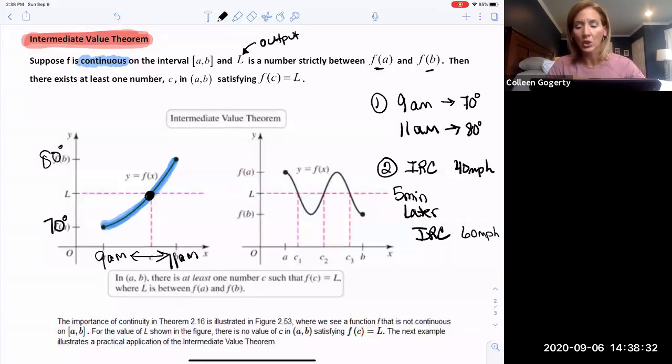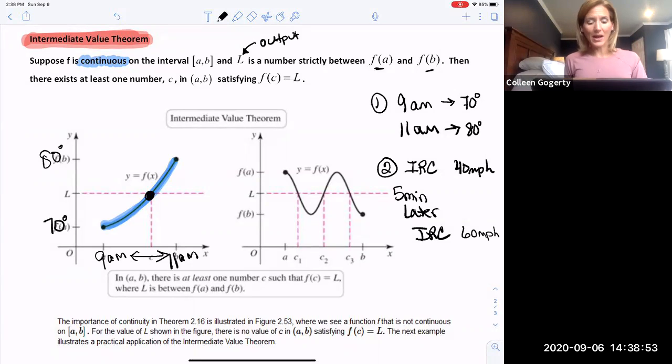Okay, can we conclude that at some point in between now and 5 minutes later, you had to have been going 58 miles per hour? Well, yeah, right? In order to get from 40 to 60, at some point, you had to cross 50, 58, okay?